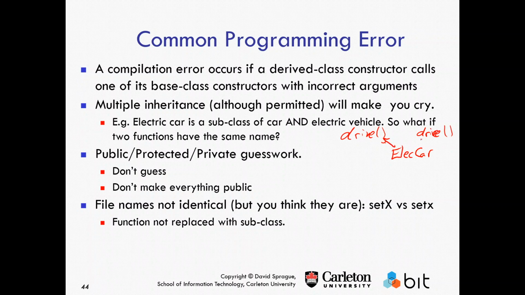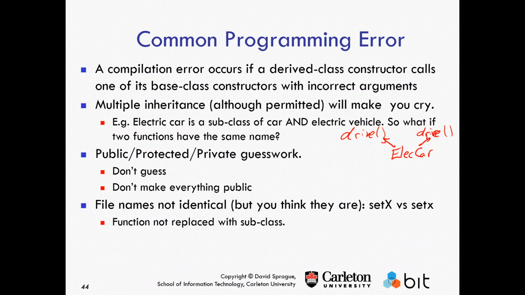Here's what's going to happen. If I haven't defined drive in electric car, which one of those drive functions do I call? Do I call the car version of drive, or the electric vehicle version of drive? This is where multiple inheritance can make you cry. That's why some languages don't allow multiple inheritance.